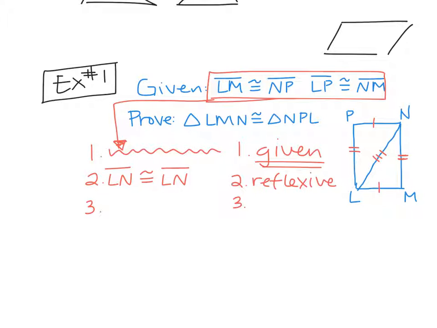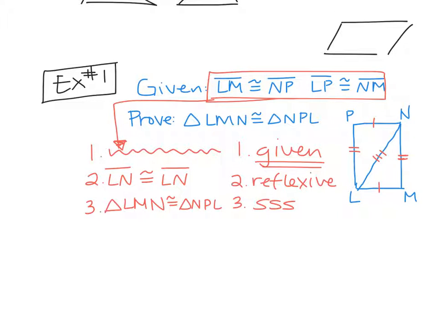That all of their sides are congruent to each other, so you can use the SSS. Right. So if we have all 3 sets of sides match up with all 3 sides, then we can say the triangles are congruent. Triangle LMN is congruent to triangle NPL by SSS.